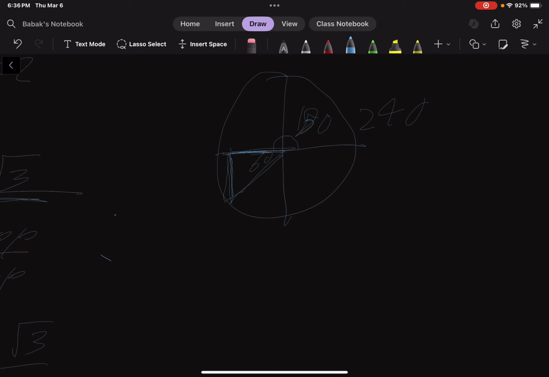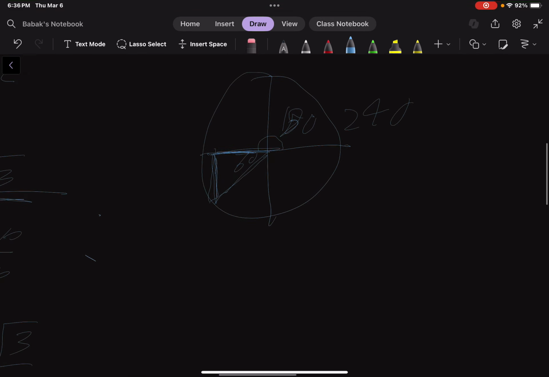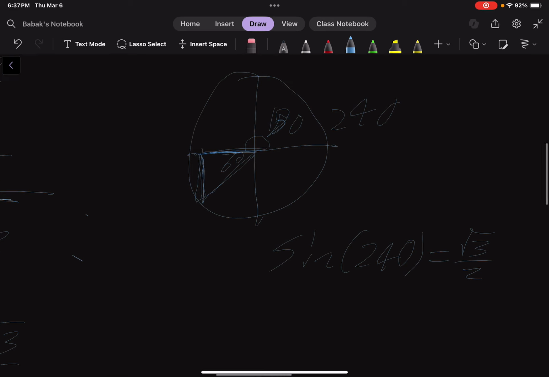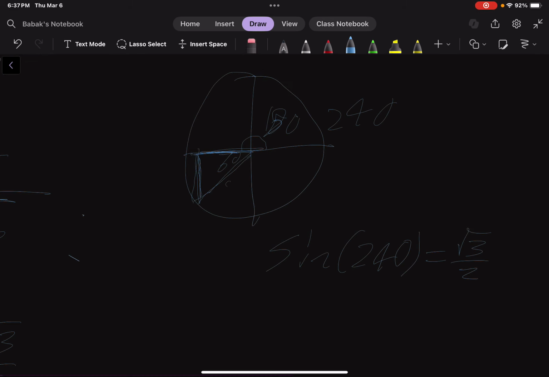And thereby, we once again have the same magnitude of sine for 240, being root 3 over 2, except this time, the hypotenuse obviously is positive, but we know that the adjacent, yes, this would be the adjacent, is negative. So we have negative root 3 over 2. Similarly, we have cosine of 240, wherein the adjacent side is negative. So we have negative 1 over 2.